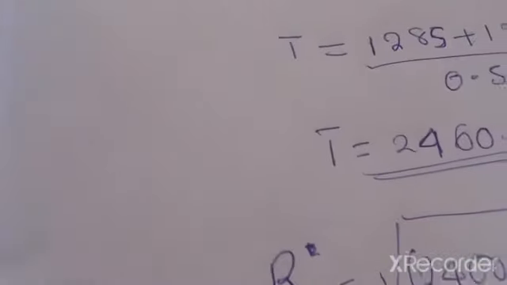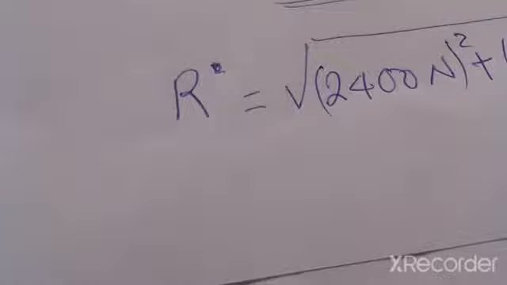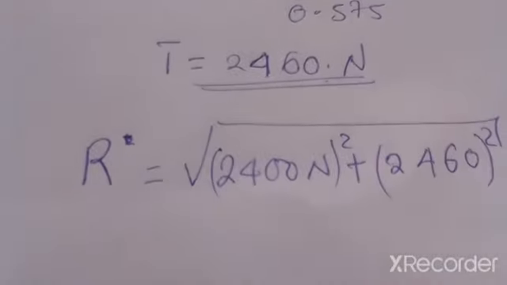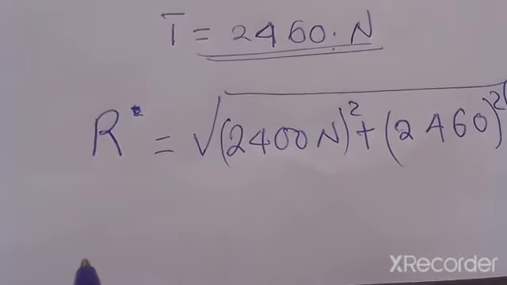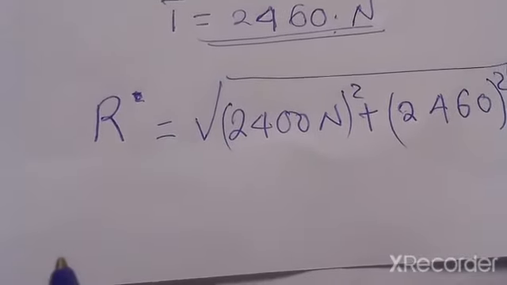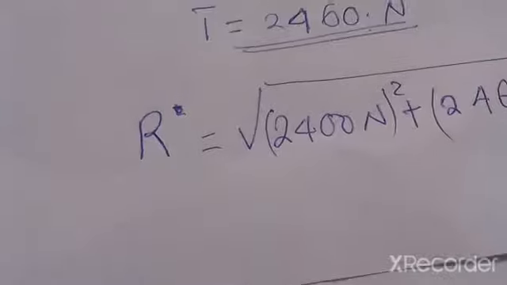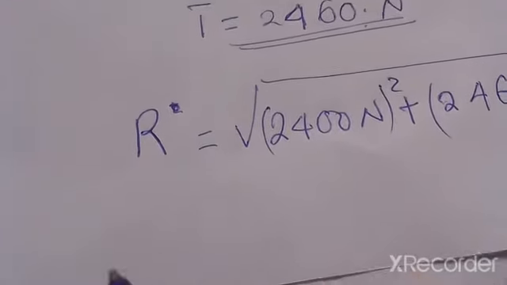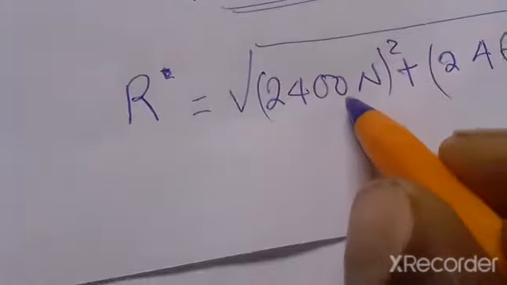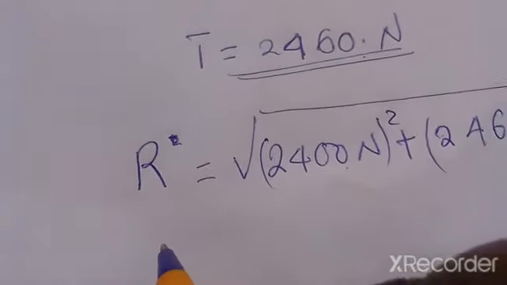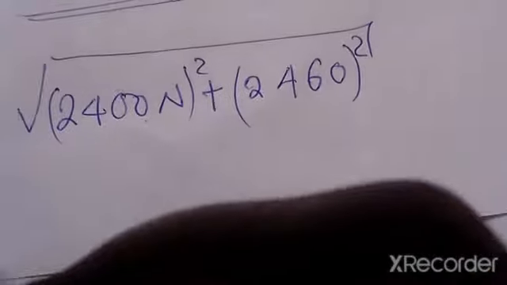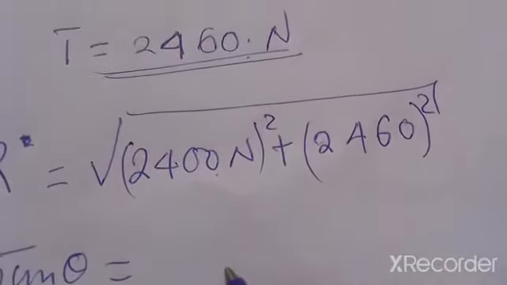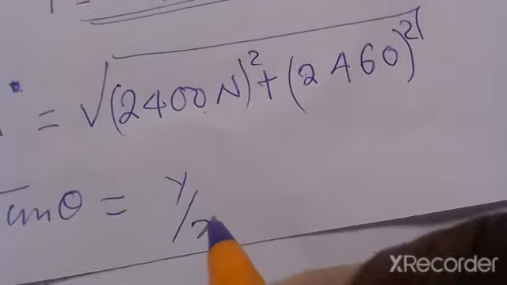To find out the angle at which it is acting, you simply have to use trigonometry now. You can use the tangent. Okay, since this is the y and x, we know that tan theta is equal to y over x.